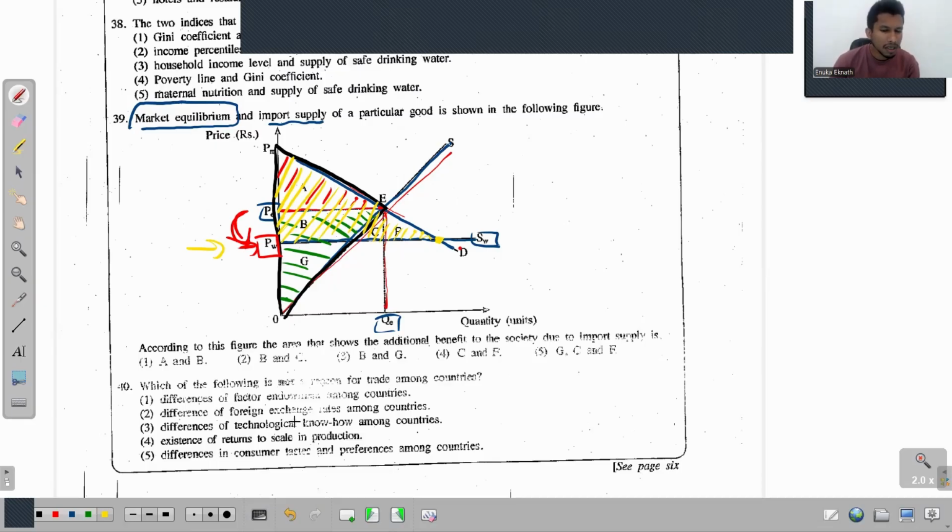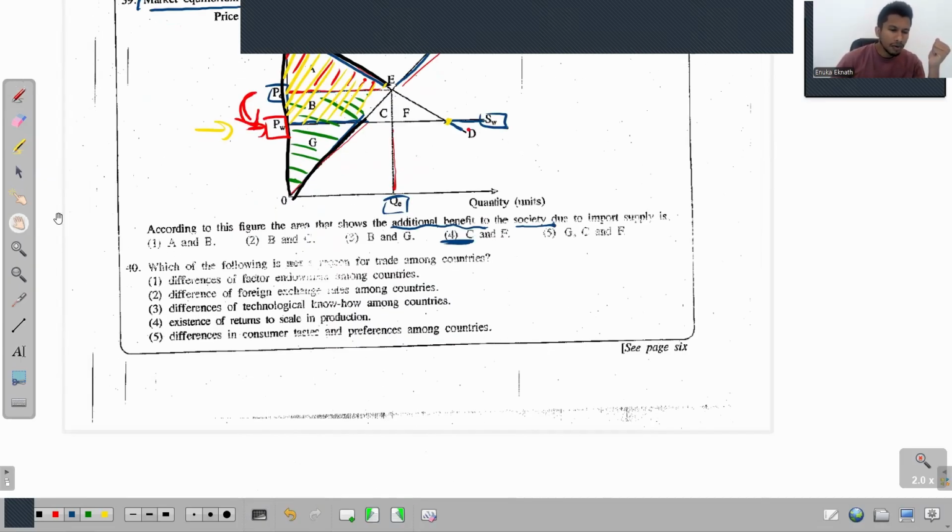Now what happened to the economic surplus? The economic surplus got increased by how much? It got increased by this region, C F. So that's the additional benefit to the society, and that is presented by the two letters we have here, C and F. So that's the answer.